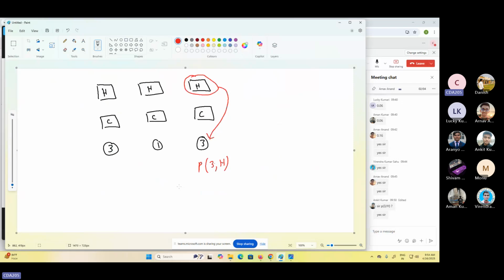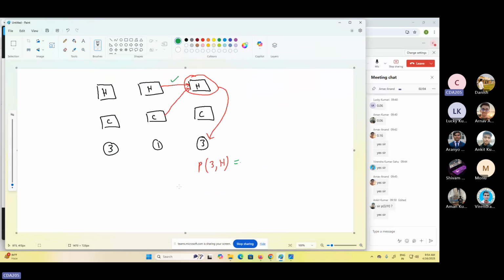To go to 3 comma H, this is one path and this is one other path. So only take this path. First we are taking this path.